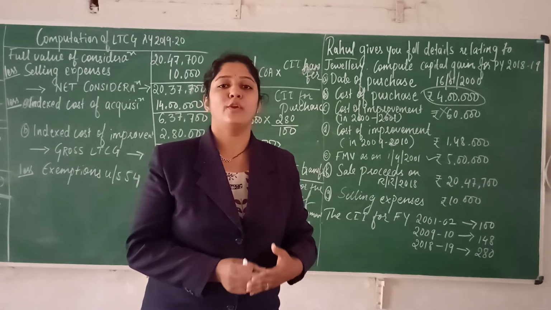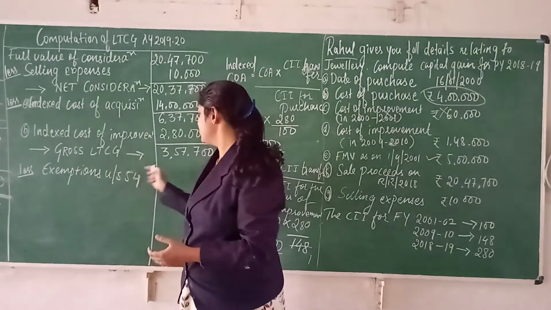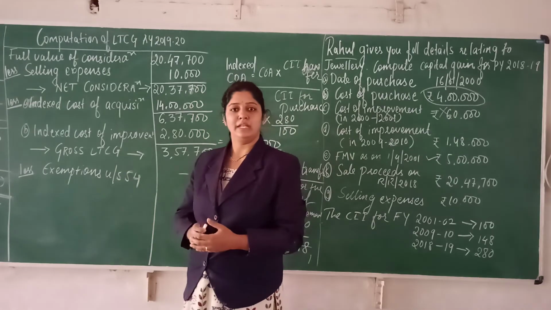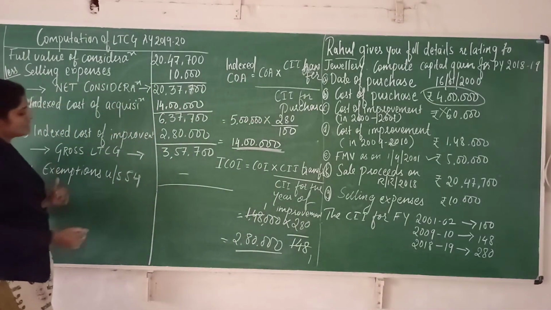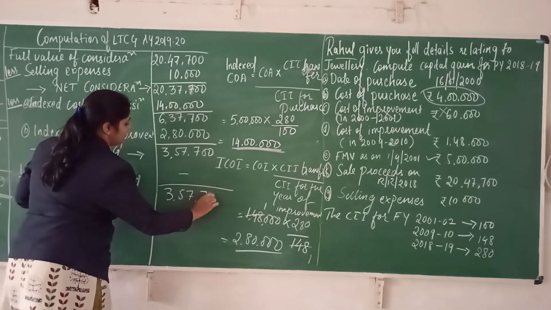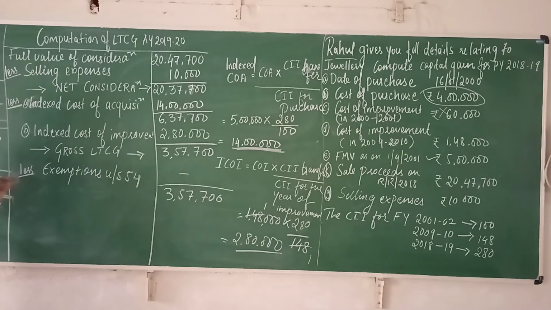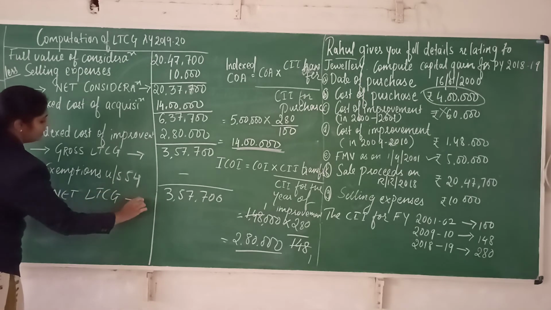Therefore, he cannot claim exemption under section 54. So, exemption under section 54 is nil. Therefore, our gross long-term capital gain itself is our net long-term capital gain. That is, 3,57,700 is net long-term capital gain.